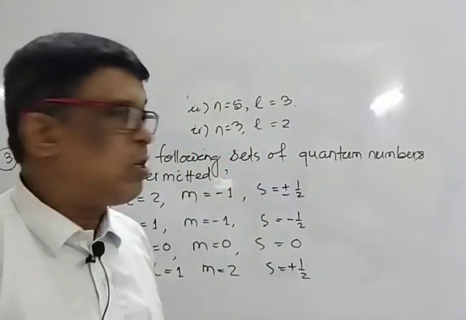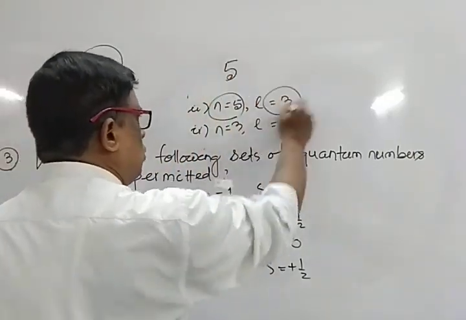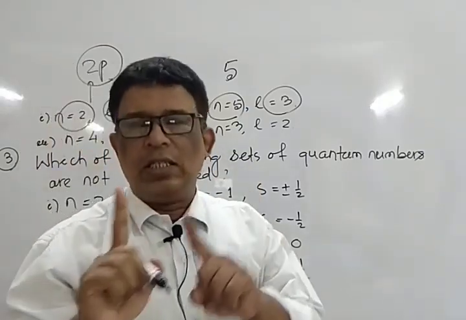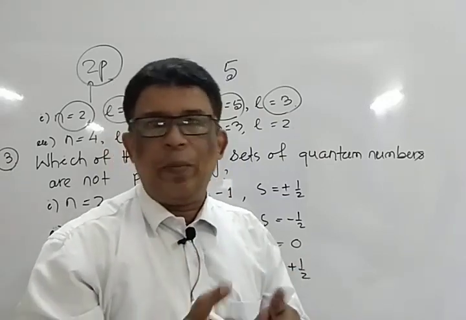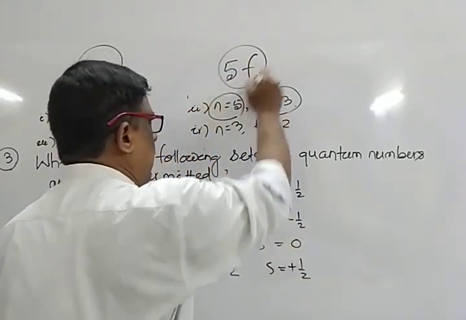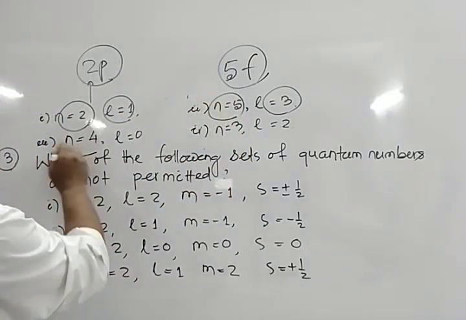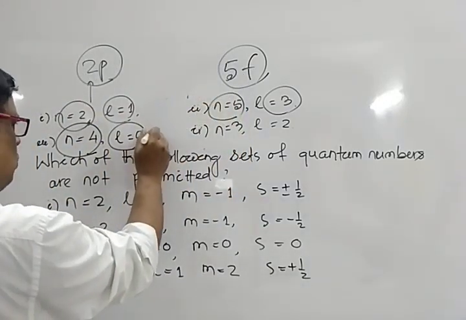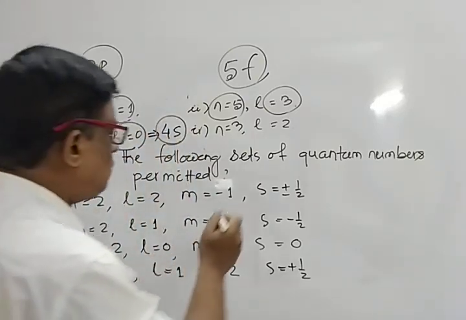Second, n is equal to 5, l is equal to 3. S is 0, P is 1, D is 2, F is 3, so it is known as 5f subshell. Move to the third one, that is n is equal to 4, l is equal to 0, means 4s subshell.